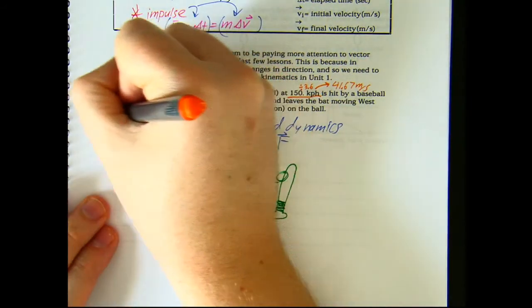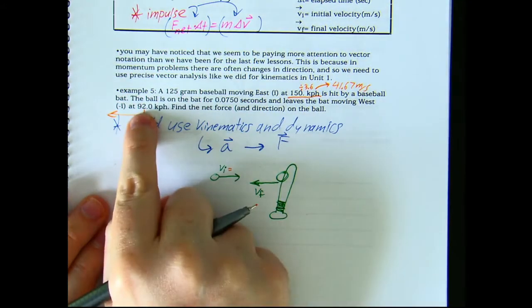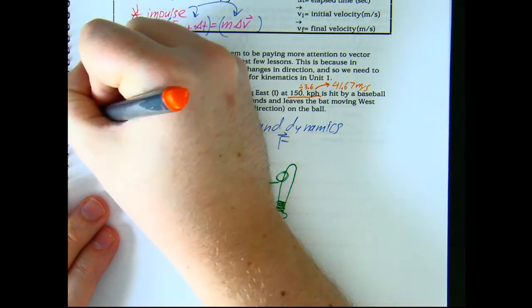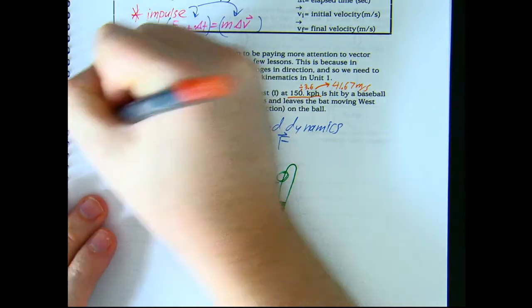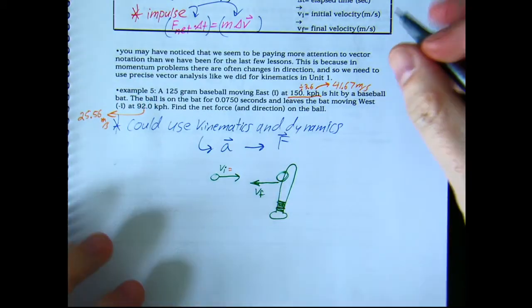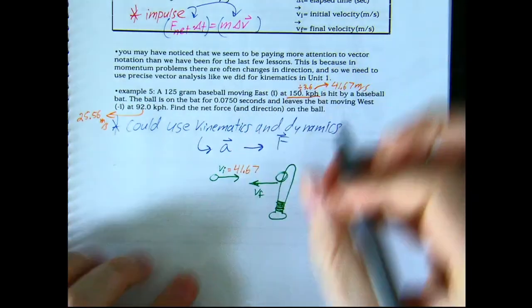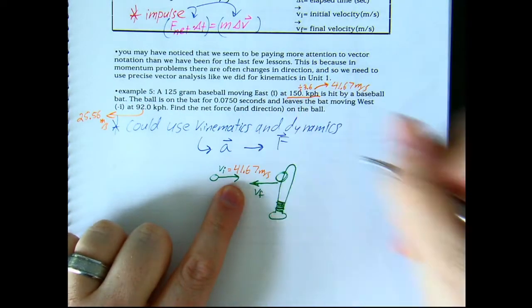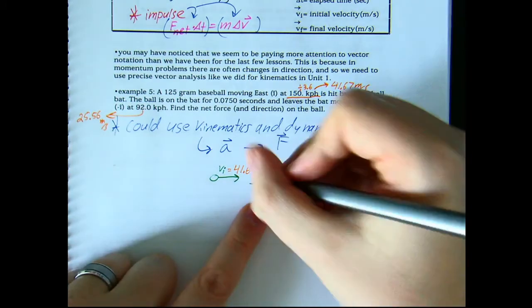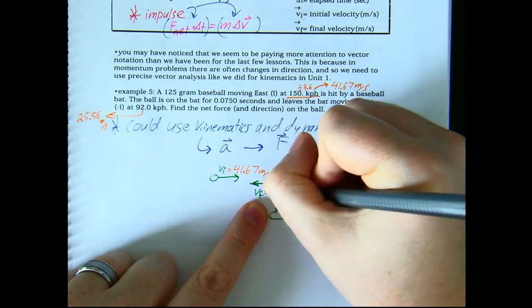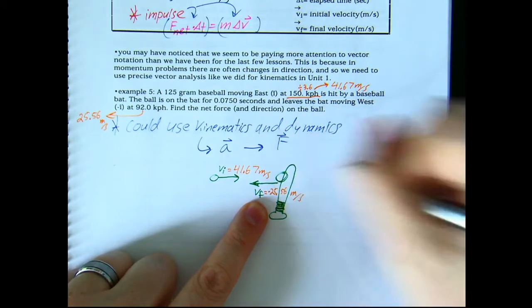And over here, we're going to do the exact same thing. Divide by 3.6. And we're going to convert 92 kilometers per hour into 25.56 meters per second. So my initial velocity is 41.67 to the right. This guy's to the left, so now my velocity here is negative 25.56 meters per second.